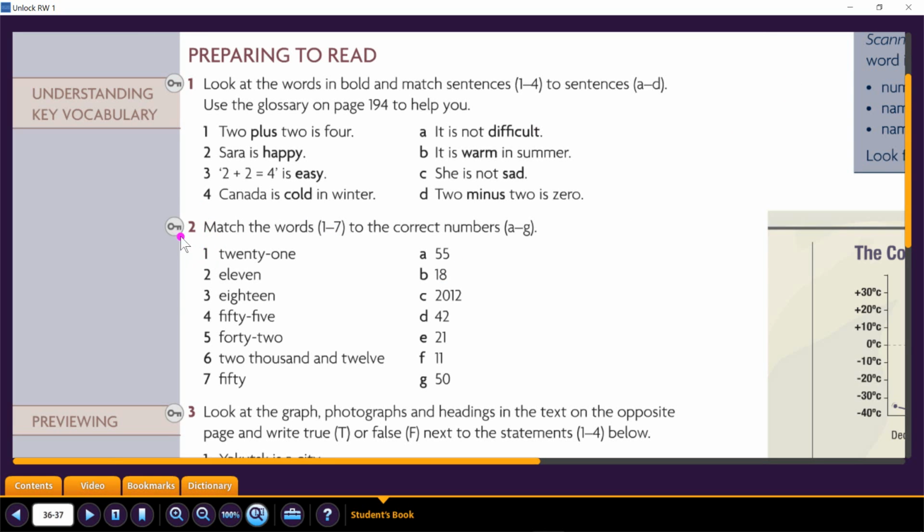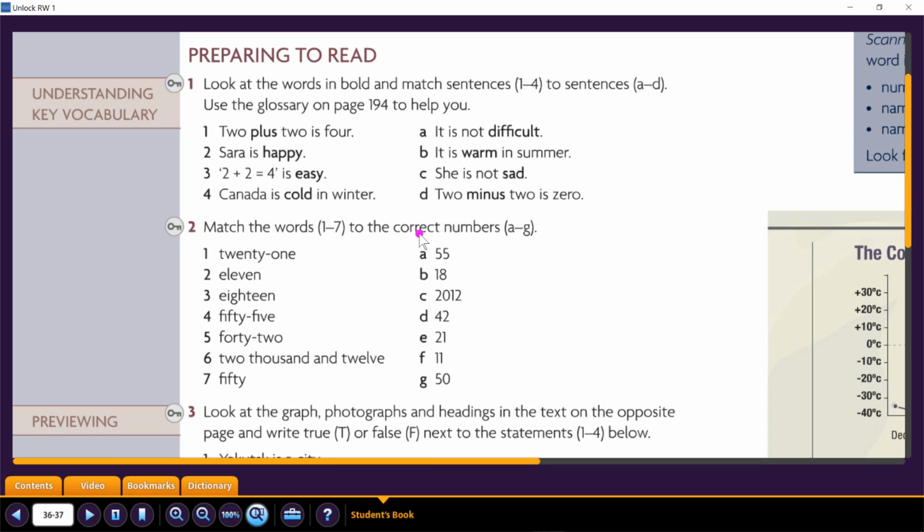Moving to another task here. Match the words 1 to 7 to the correct numbers A to G. 21, 11, 18, 55, 42, 2012, 50.